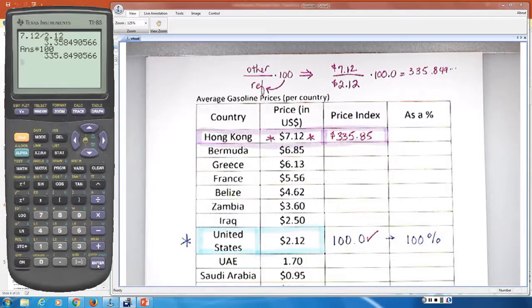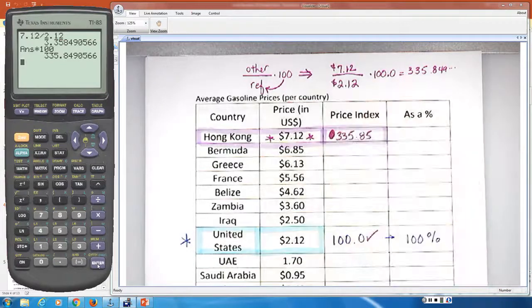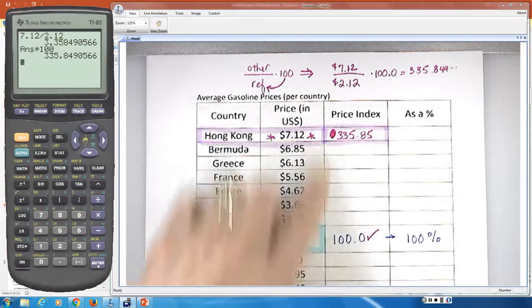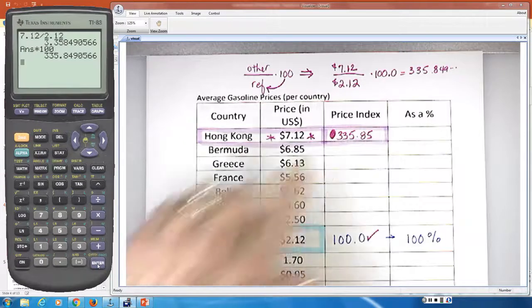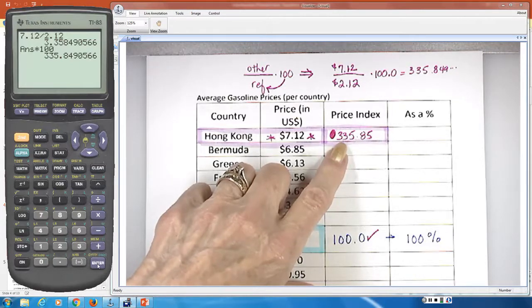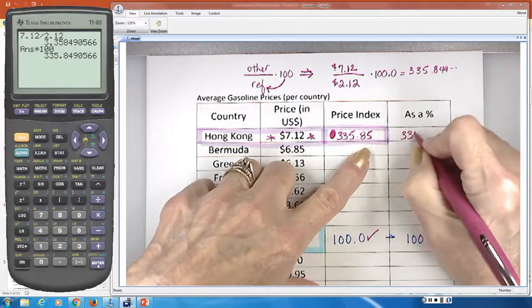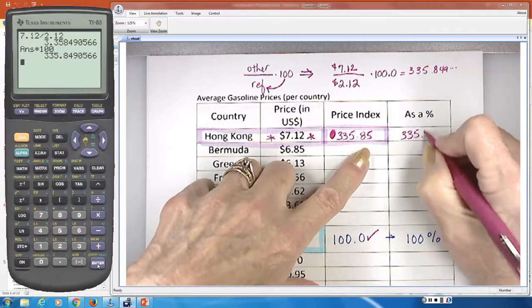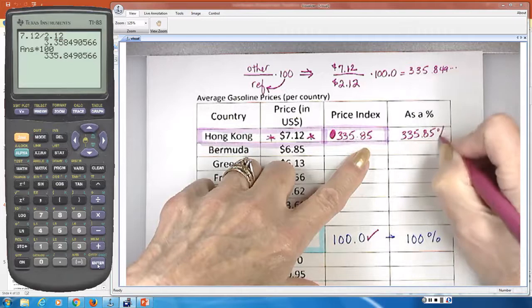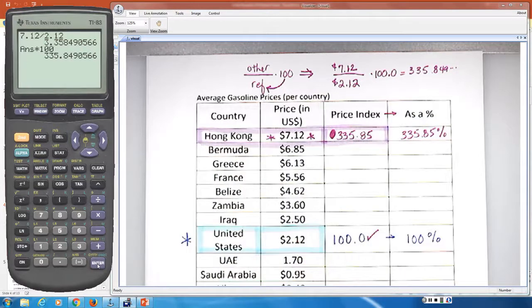And that's not dollars. That's just a price index, so don't put dollars in this column. If you change that to a percentage, then it means this is 335.85%. So it doesn't go in the end? No, because the index actually is kind of a percentage.